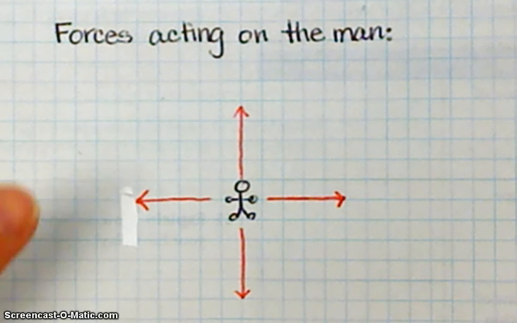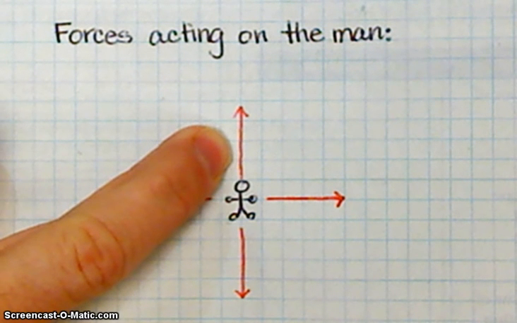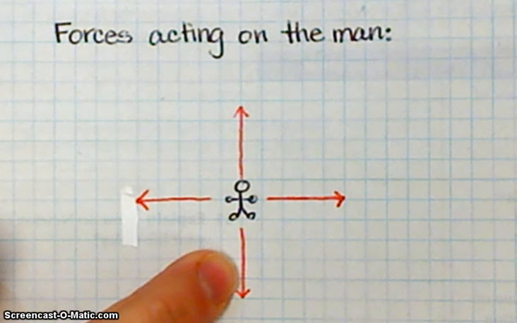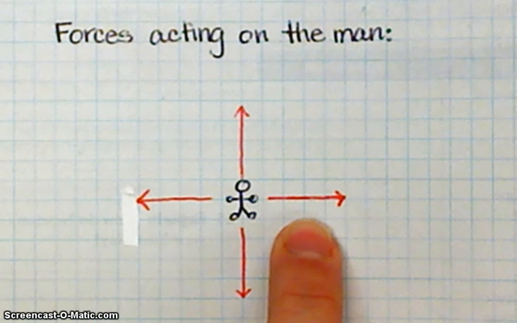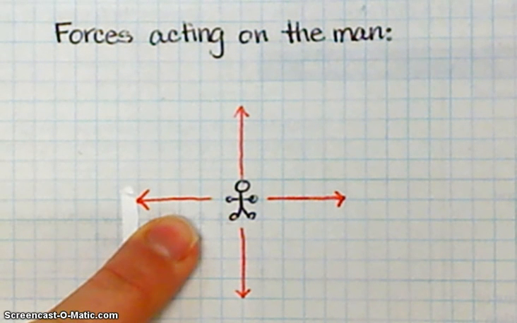For instance, this one is oriented up. This is the floor pushing the man up. This one would be the earth pulling the man down. This one would be the ground pushing the man forward. This one would be the wall pushing the man backward.